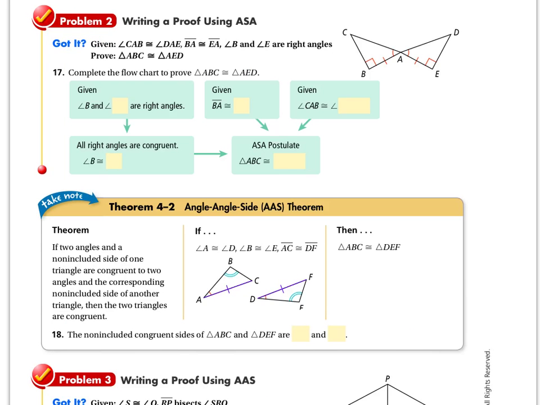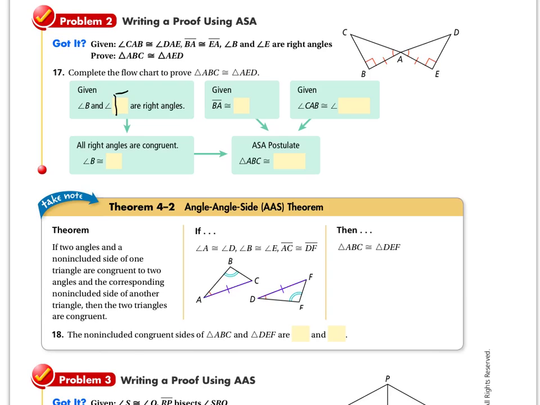On problem number 2, we're going to try writing a proof using the angle-side-angle congruence postulate. Number 17 asks us to complete this flowchart to prove that triangle ABC is congruent to triangle AED. In our first box, angle B and angle E are right angles.